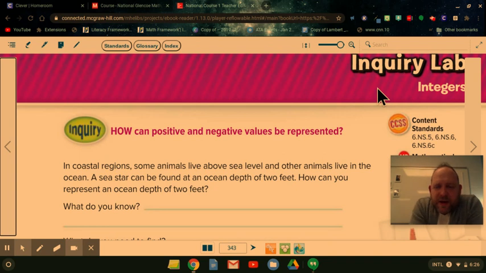All right, so here we go. Again, we're dealing with positive and negative numbers and how we can use those in real life. So our question here says, in coastal regions, some animals live above sea level and other animals live in the ocean. A sea star can be found at an ocean depth of 2 feet. How could you represent an ocean depth of 2 feet?